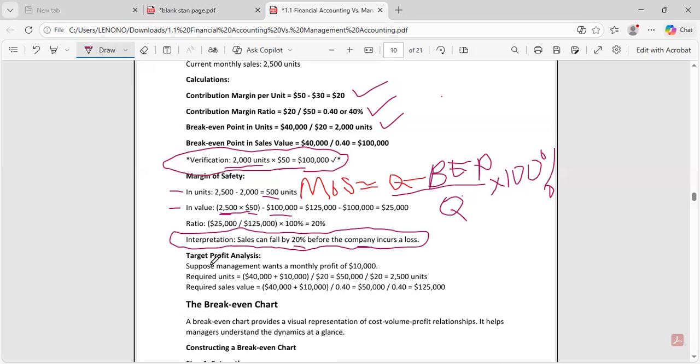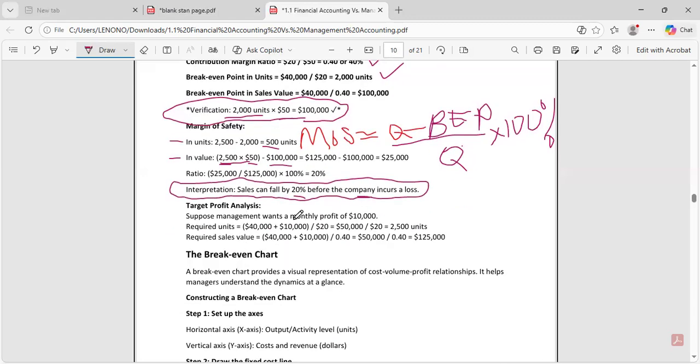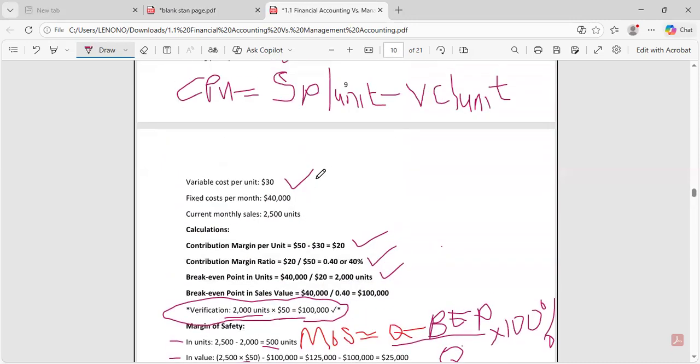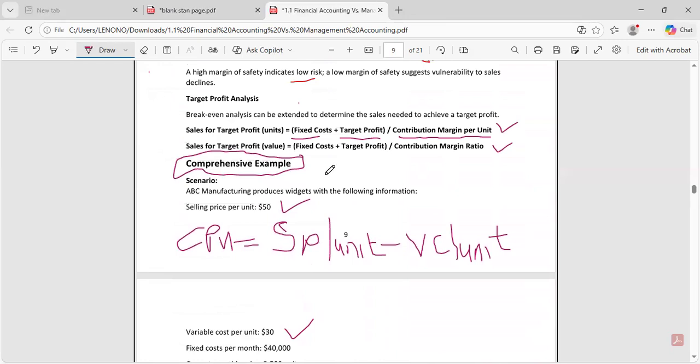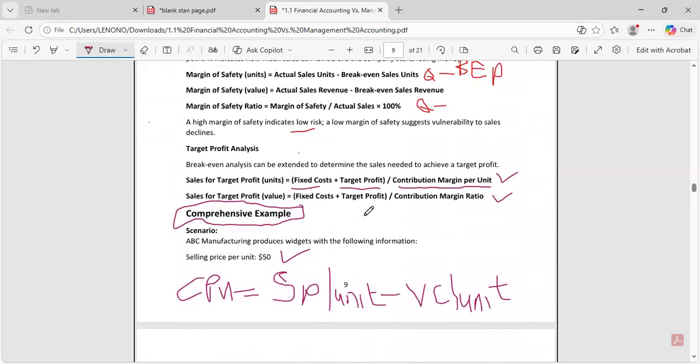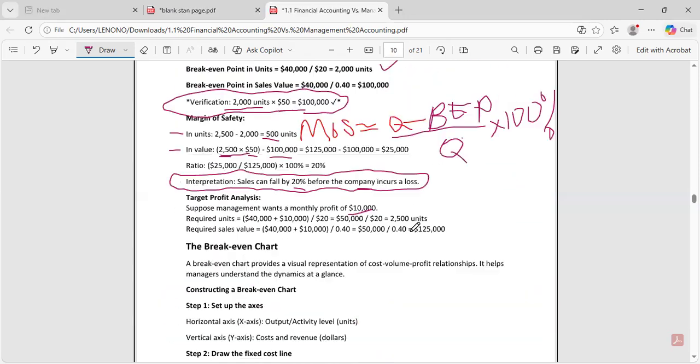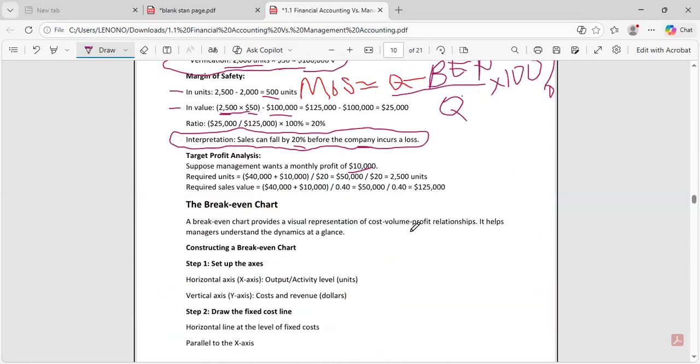Now target profit. Suppose management wants a monthly profit of $10,000. We can use the units sold to achieve a target profit: fixed cost plus target profit over contribution margin per unit.